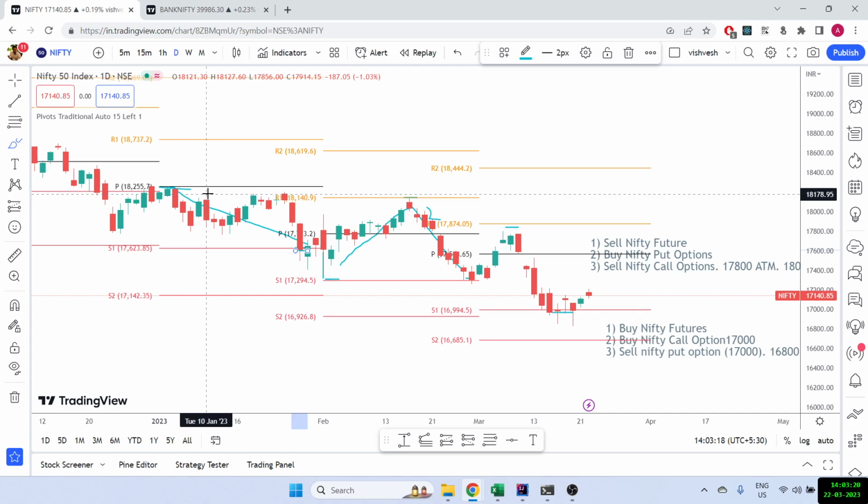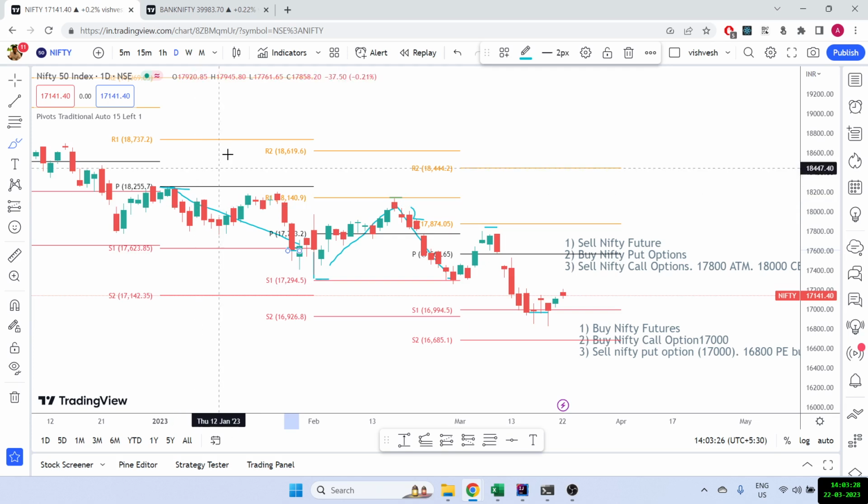The pivot level actually acts as both support and resistance. So depending on whether the stock is showing downward momentum or upward momentum, we can take a trade on that. Whenever you see a stock reversing from the orange line, it will be a stronger movement, whereas if it reverses from the pivot line, it might be a little shallow movement. So this is an example on Nifty.